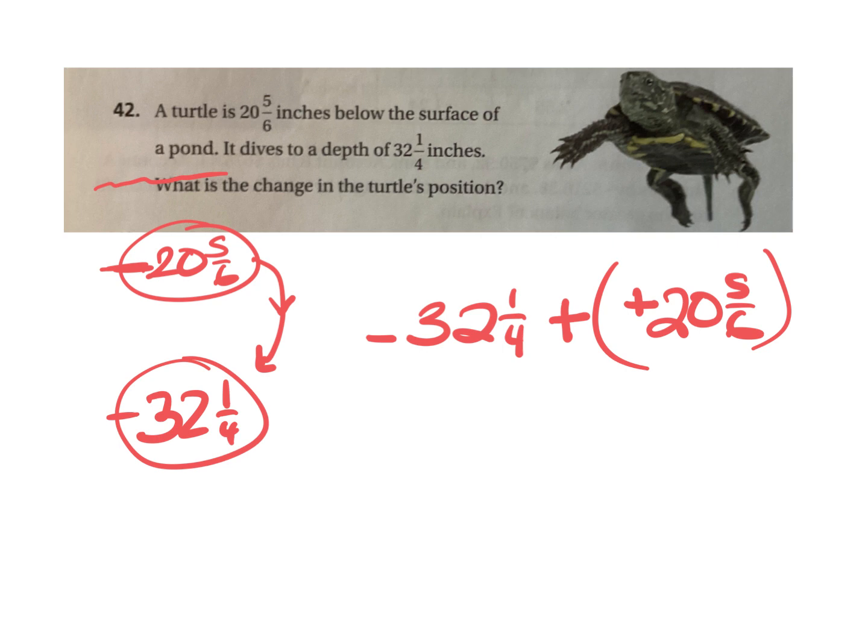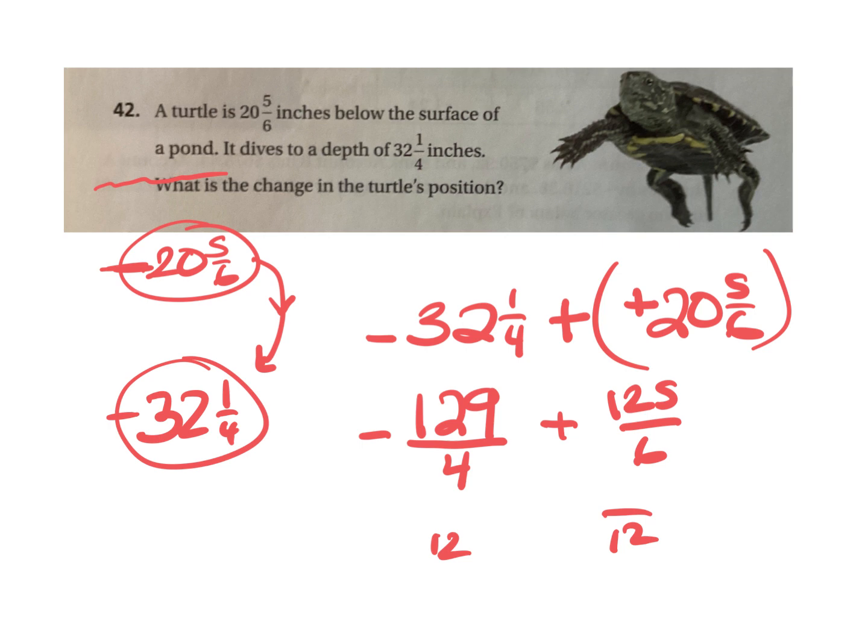And this becomes 4 times 32 plus 1 is 129. Negative 129 over 4 plus, that would be 125 over 6. And let's make both of these 12.